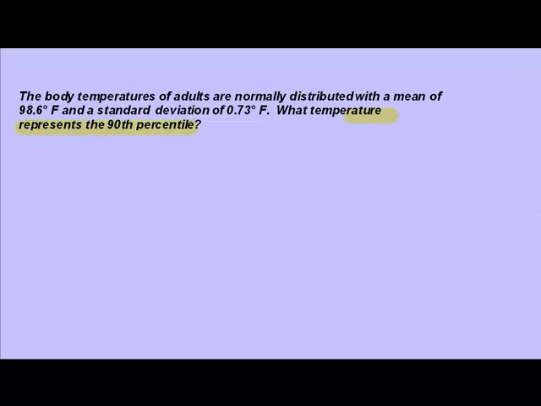Here we're going to have to go back to our z-score formula and solve using a little algebra. The z-score formula says z equals x minus mu, mu being the mean, divided by the standard deviation.